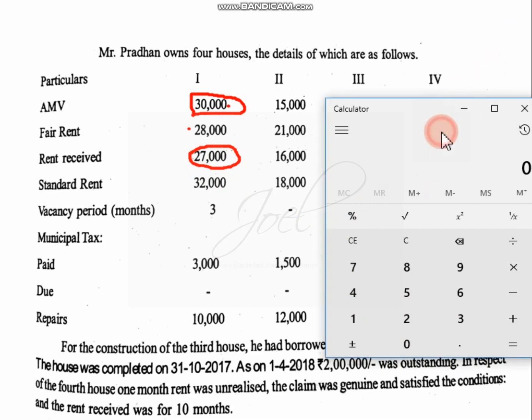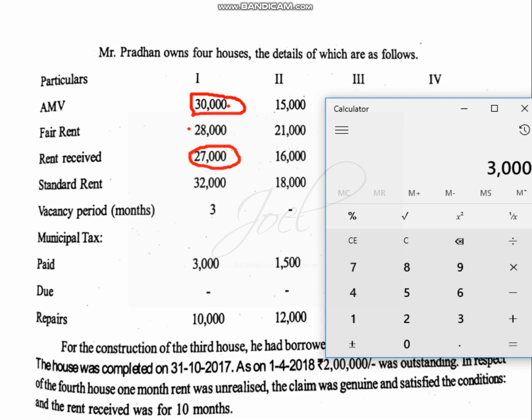My monthly rent will be 27,000 divided by 9. So when I divide by 9, I will get 3,000 as my monthly rent, correct?